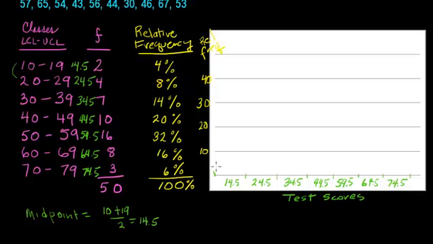So in the first class we have 4% of the data falling in there. And in the next class it's 8%. The next class is 14%.